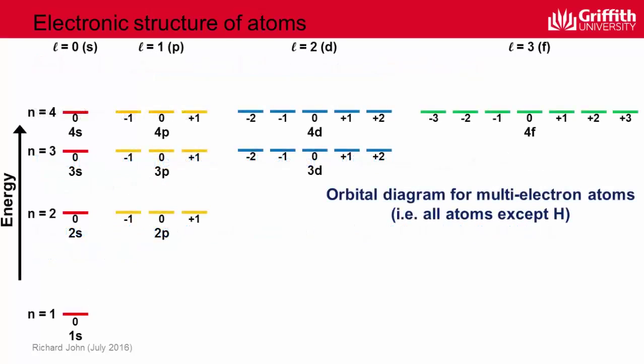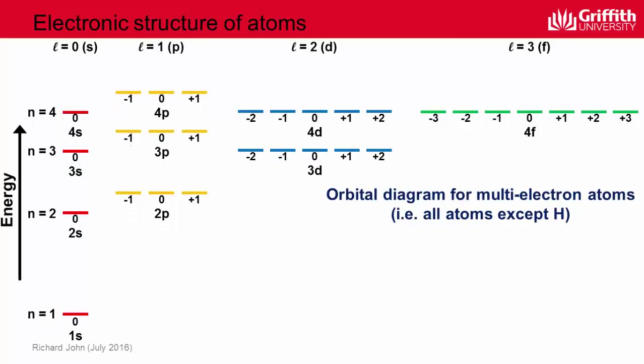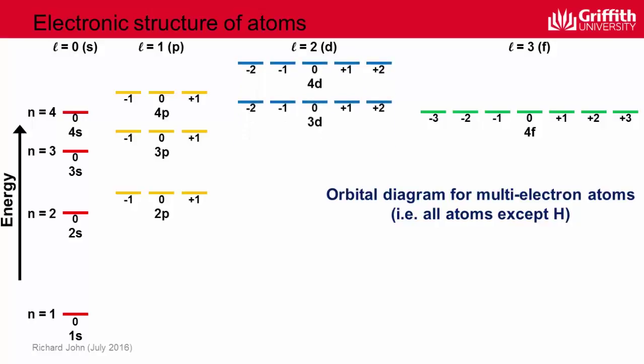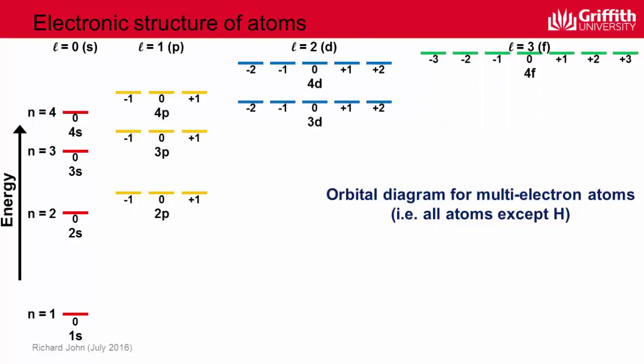What I mean by that is the energies of the orbitals in the p subshells are slightly raised relative to the energy of the s subshells, and the energy of the d subshell orbitals are slightly raised relative to those in the p subshell. And finally, the energy of the orbitals in f subshells are slightly raised relative to those in the d subshells.